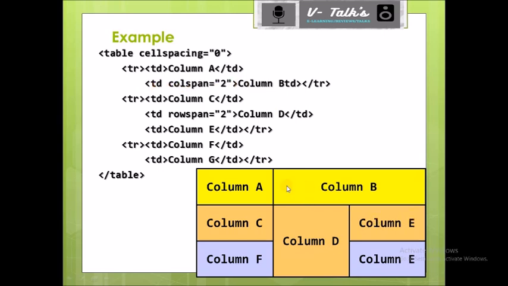That means two columns, two cells in a row, are merged together as column B. That's colspan.